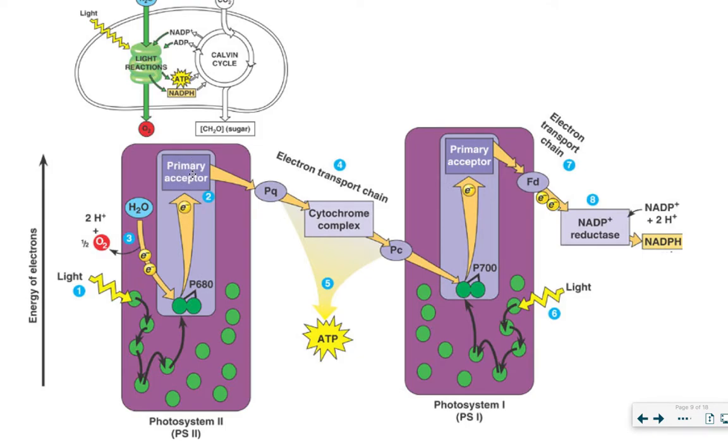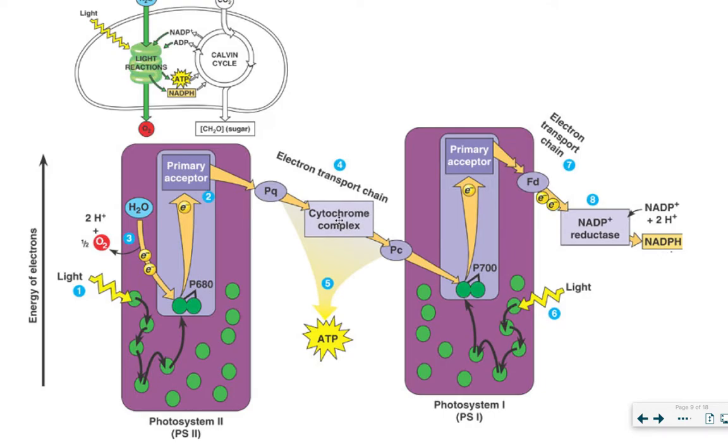The electrons from the primary electron acceptor then begin the journey down an electron transport chain in the thylakoid membrane. This electron transport chain is very similar to the electron transport chain that we looked at in cellular respiration. There are a series of proteins that increase in electronegativity as the chain progresses, and as those electrons move to higher and higher electronegative molecules, that generates a release of potential energy, which drives a proton pump here in the cytochrome complex.